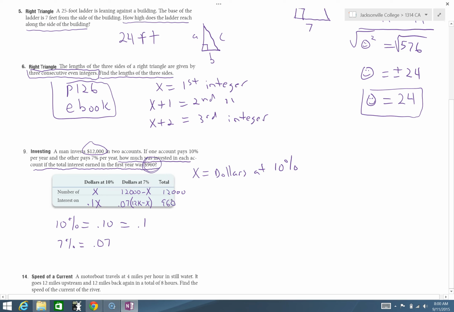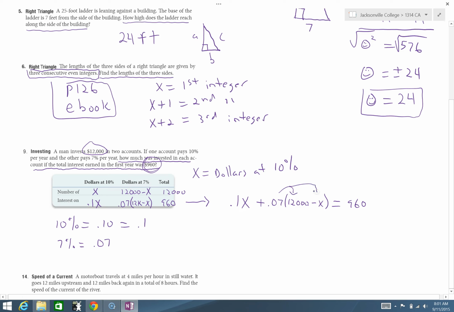All right. So now I'm ready to solve this bottom equation. This bottom equation becomes 0.1x, that's the amount of money at 10%, plus 0.07 times 12,000 minus x, that's going to equal 960.